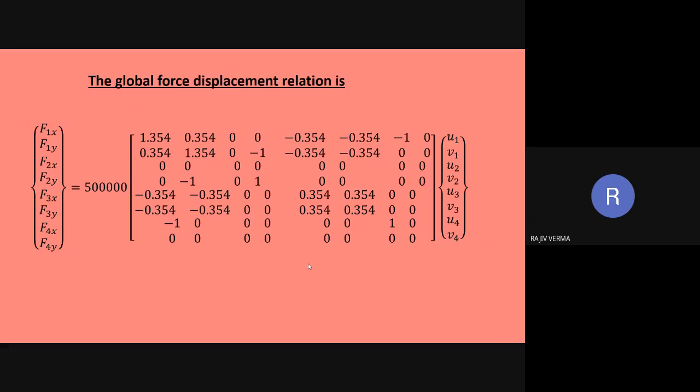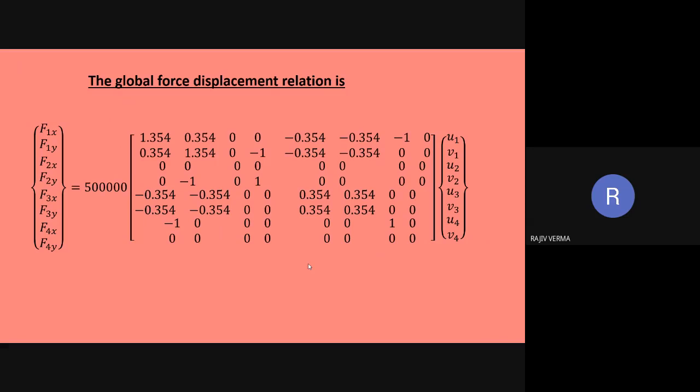And if you take the trouble of finding the inverse of matrix K, the determinant should come out to be 0, because this matrix simply represents a motion of a rigid body. Therefore, before solving this matrix, we are supposed to apply some boundary conditions into it before we can solve this equation.